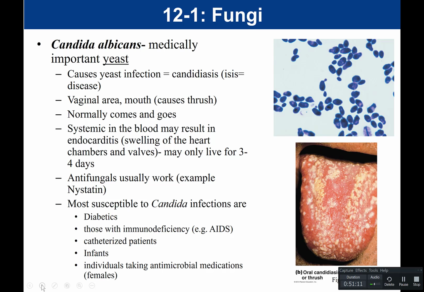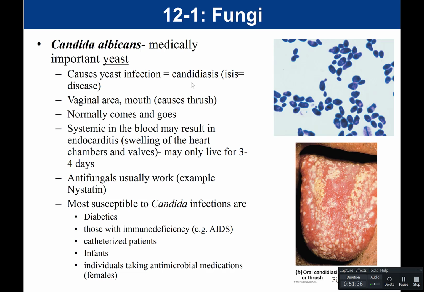You want to know an example of a medically important yeast and what disease that causes. So again, it causes candidiasis, which is a yeast infection. It can cause a yeast infection in the vaginal area or the mouth. And if it's in the mouth, again, it's referred to as thrush. You want to know that it can become systemic.